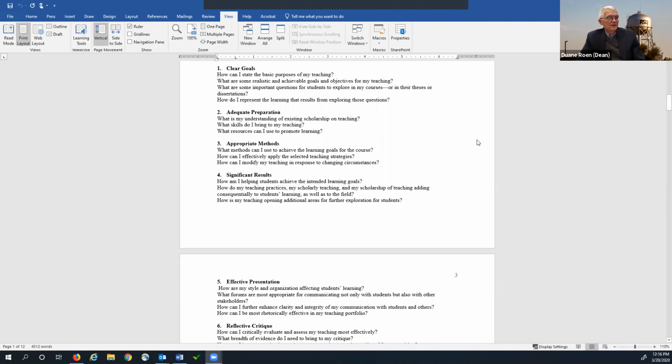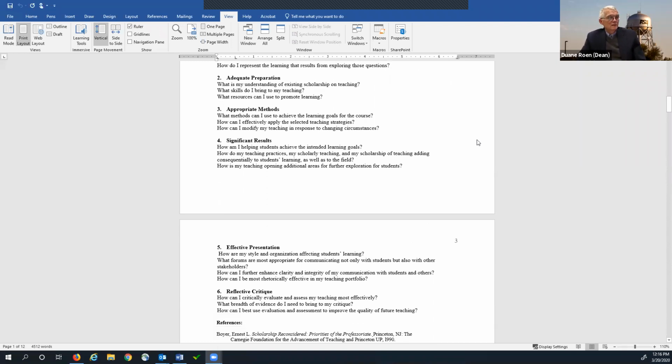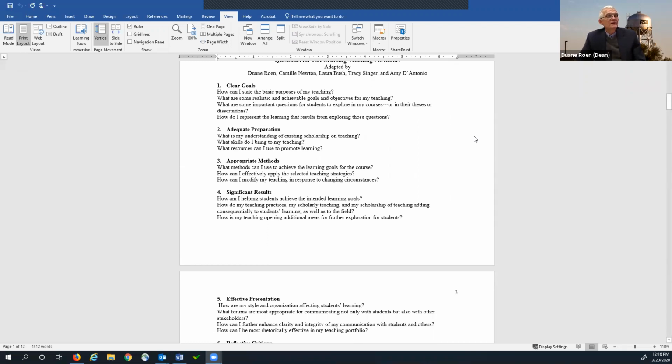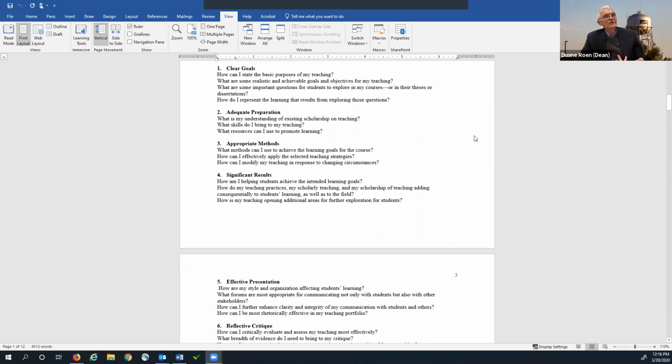There are 6 categories here of criteria for what constitutes good scholarship in any of the categories I talked about earlier. And that is, it's got clear goals.